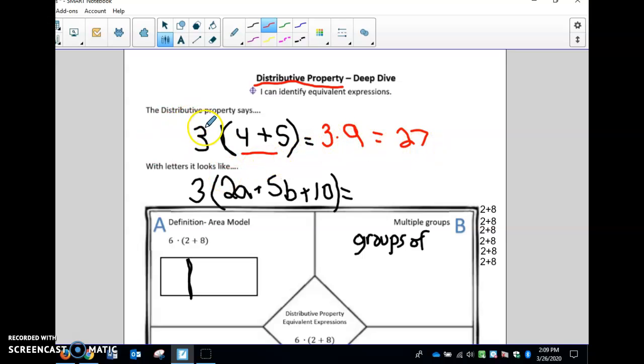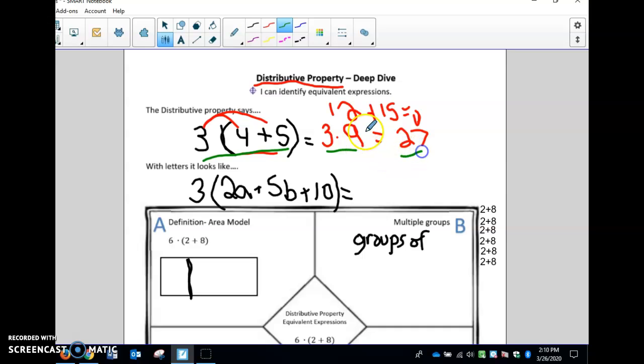However, I also could use the distributive property and say that this is 3 times 4, which is 12, and 3 times 5, which is 15. Notice 12 plus 15 also is equal to 27. Those expressions are all equivalent, and one of the reasonings we might use is this idea of using the distributive property.